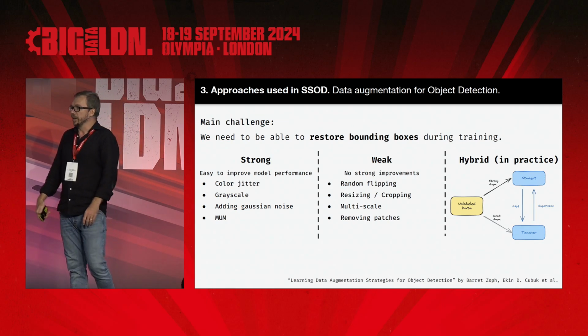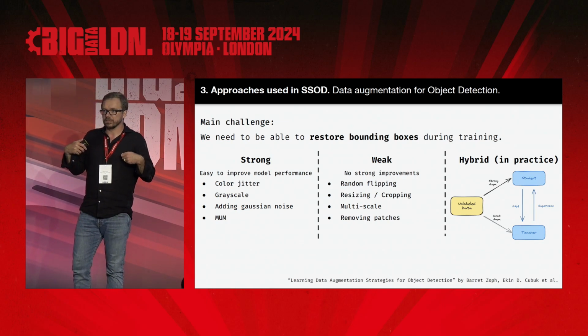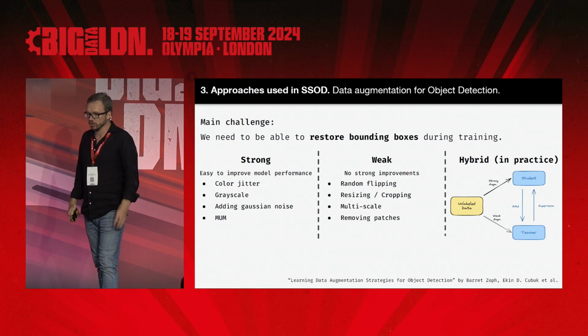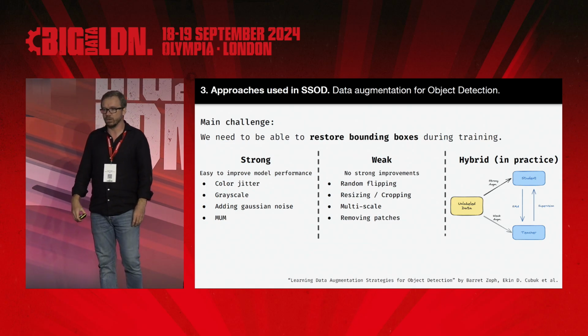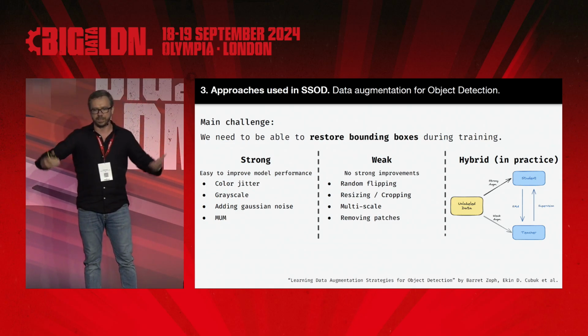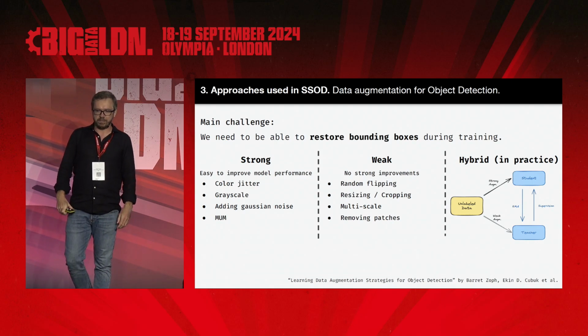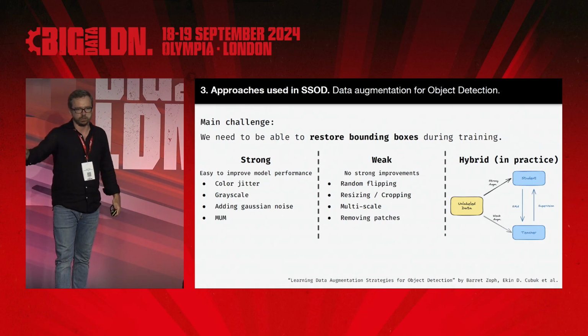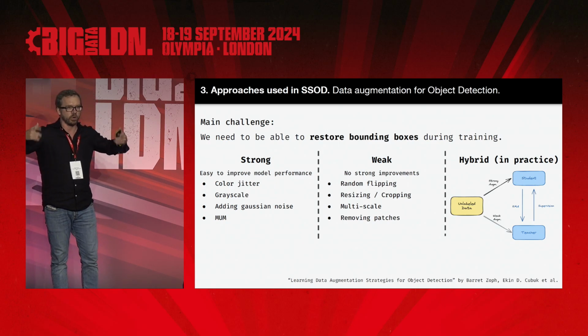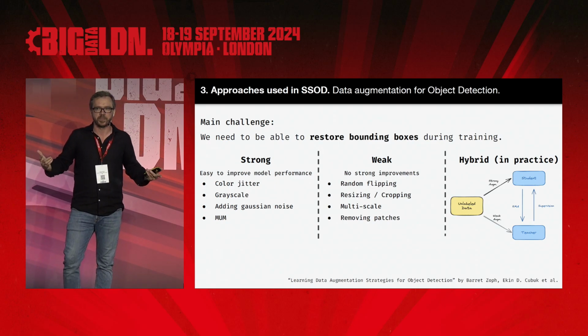Okay, I mentioned the simple idea of data augmentation. Now, how does it usually work in semi-supervised learning? I am talking now about images mostly because it's the most straightforward, the most obvious example.